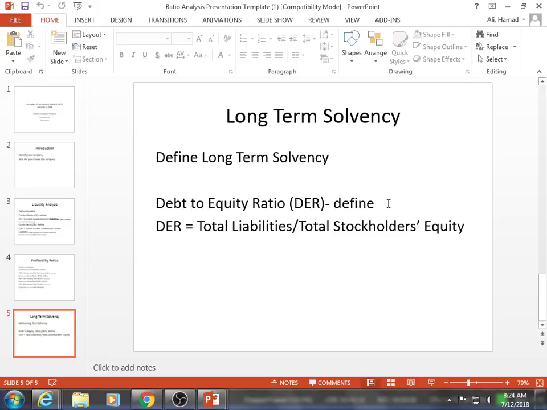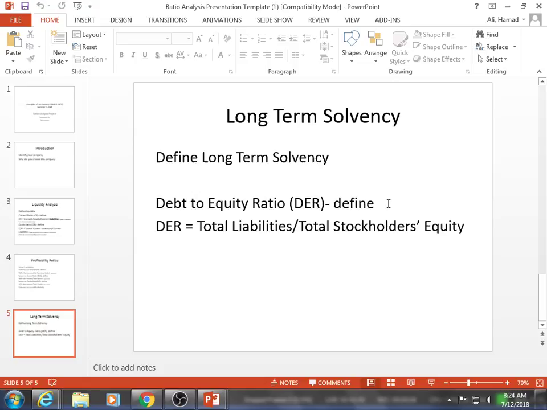Now, what does that mean? Why are we comparing liabilities to stockholders' equity? That is the structure of your capital. Some of the capital is brought in by the stockholder, and some of the capital came through liabilities.